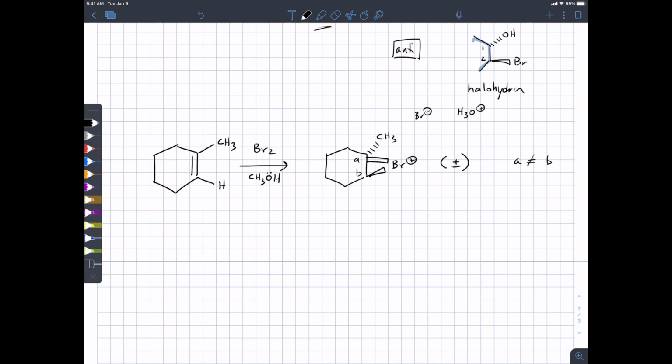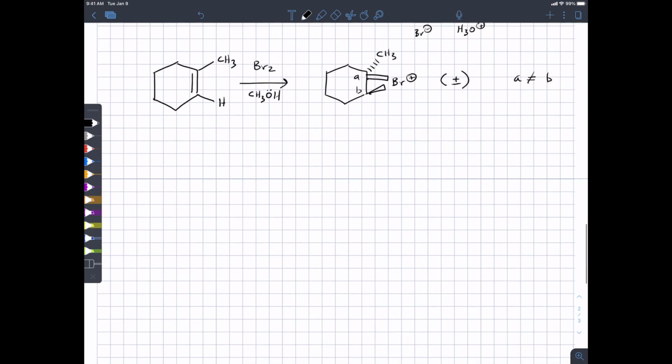So we've got a similar challenge as we had before with epoxides. Let's just review what we learned from epoxides. That's kind of a terrible drawing of an epoxide. Okay, what did we learn from epoxides?